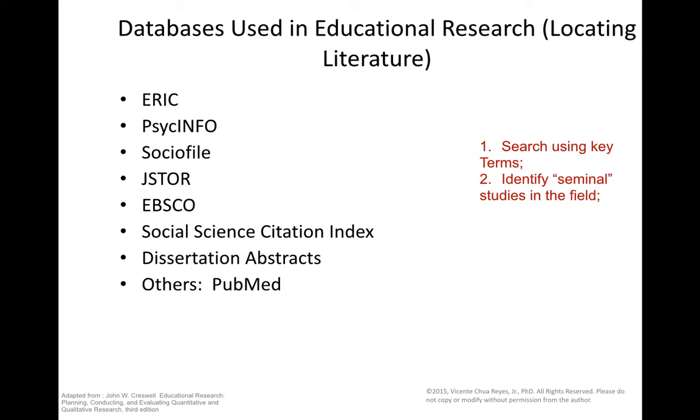Seminal meaning studies that have created such a great impact. Seminal means it planted a seed that later on grew to become a very fertile source of ideas. So we identify seminal studies in the field. When we have chosen one particular article, for example, we explore the bibliography or the reference section. And then we identify opposing and complementing ideas.